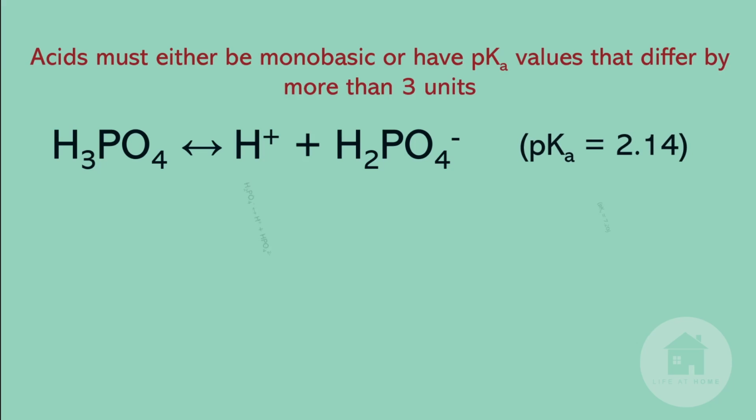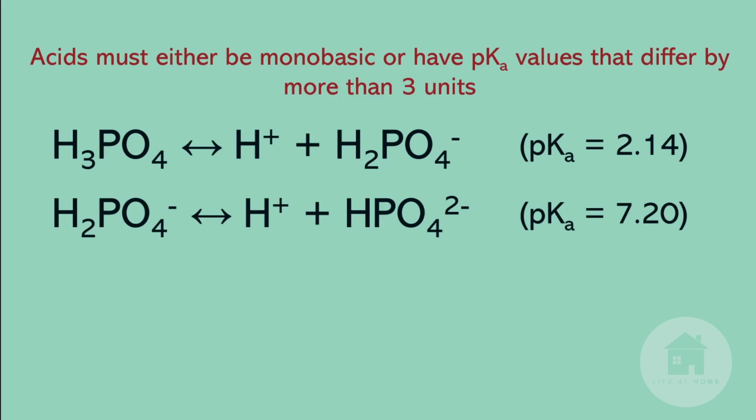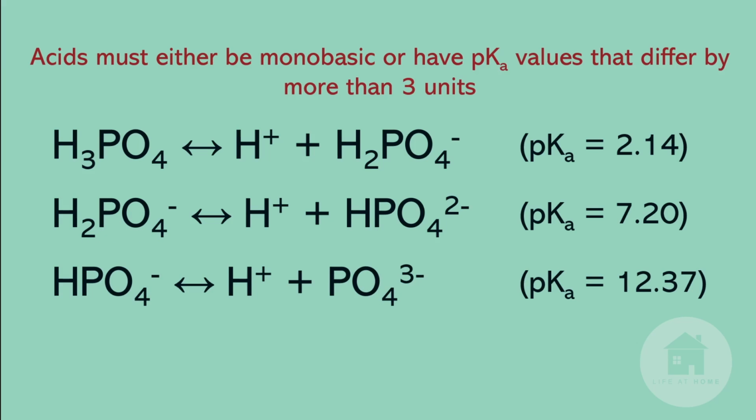Now, of course, we can further dissociate this into the monohydrogen phosphate ion, and that dissociation has a pKa of 7.2. And of course, this is one of the few that has 3 hydrogens, and so it can dissociate even further, and that has a pKa of 12.37.